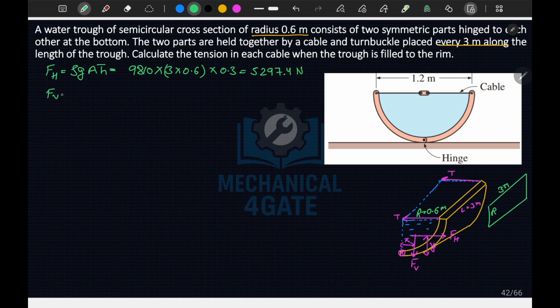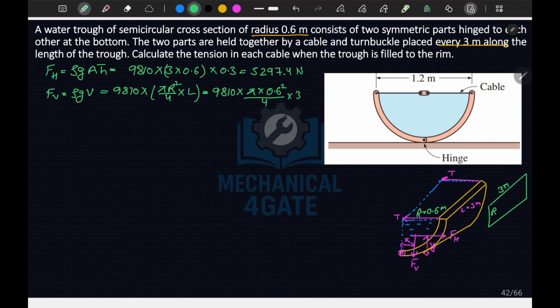If I talk about FV, FV is equal to the weight of the liquid above this surface up to the free surface, which is rho g, again 9810, into volume. The volume will be area times length L. Area is pi r square by 4, into L. So 9810 into pi into r square, r is 0.6, 0.6 square by 4, into L which is 3 meter.